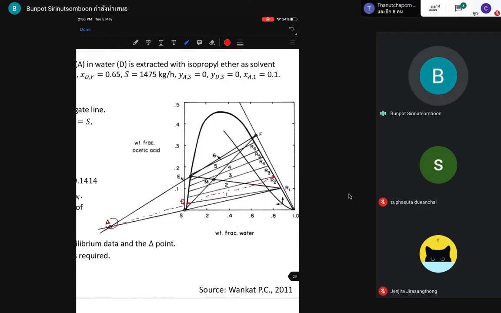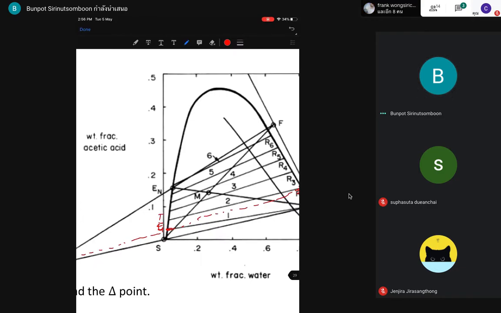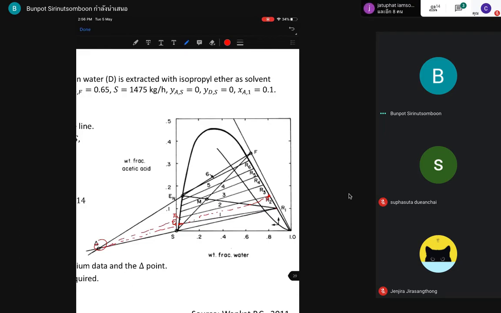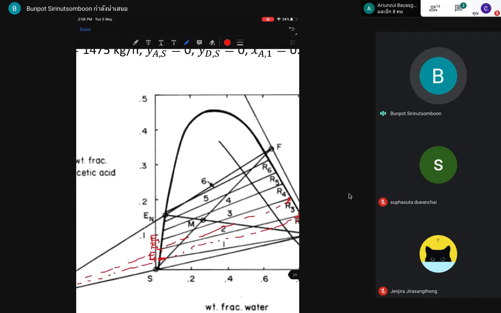From R2 you find E2, and then use the delta point again to draw the line to R3, and then R3 to E3. You keep doing it until you get E4, E5, and finally E6 here, but this E6 is above En, so the number of stages should be a little bit less than 6.